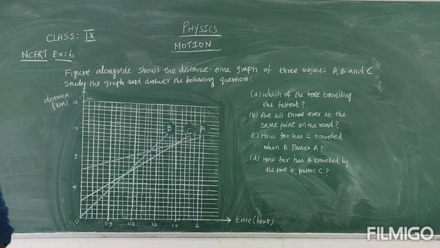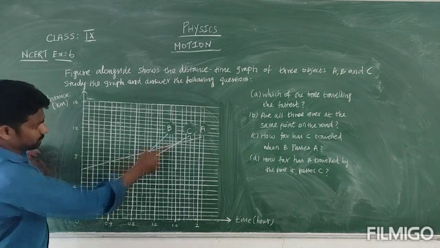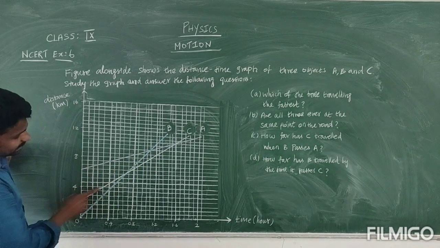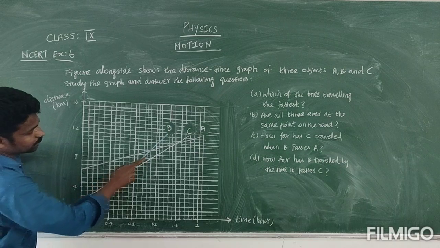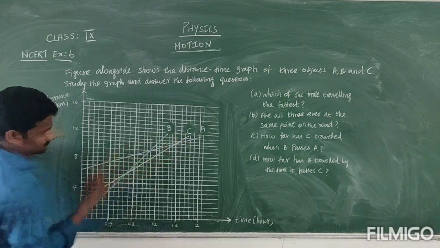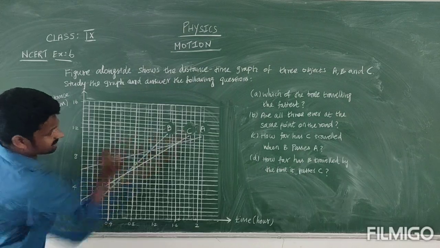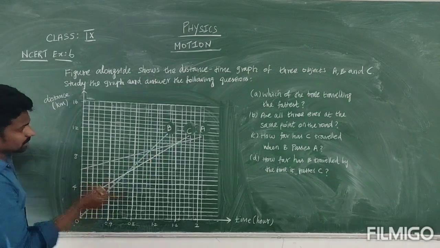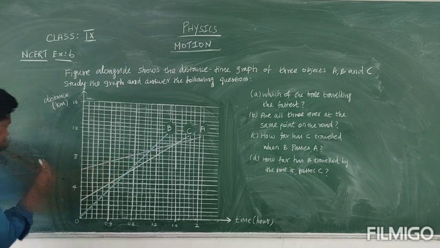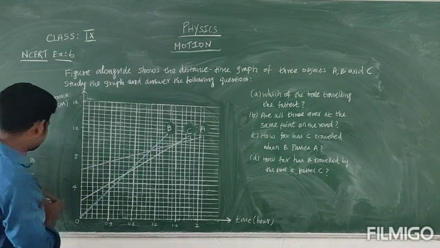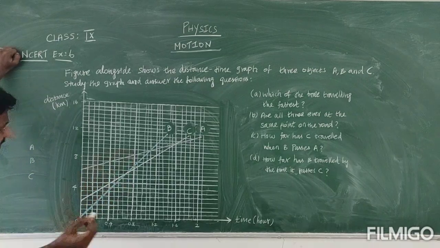See, first the white color line is the motion of object C. Then, A, B and C, just mention that for identification.